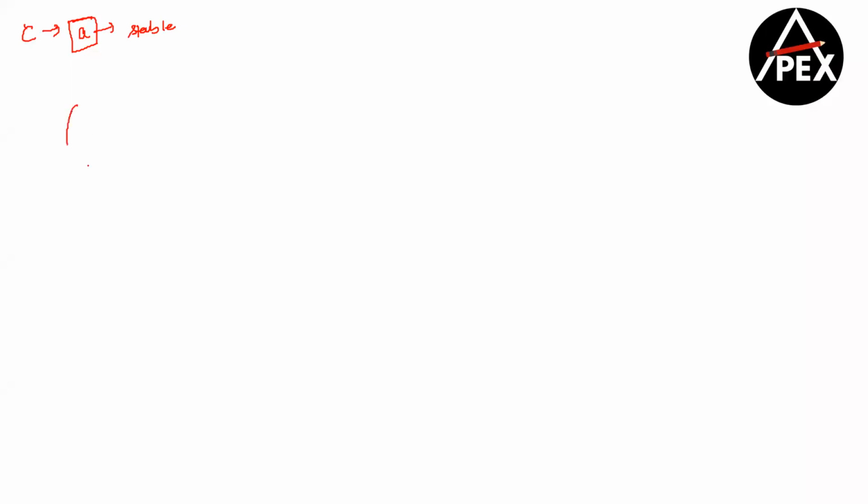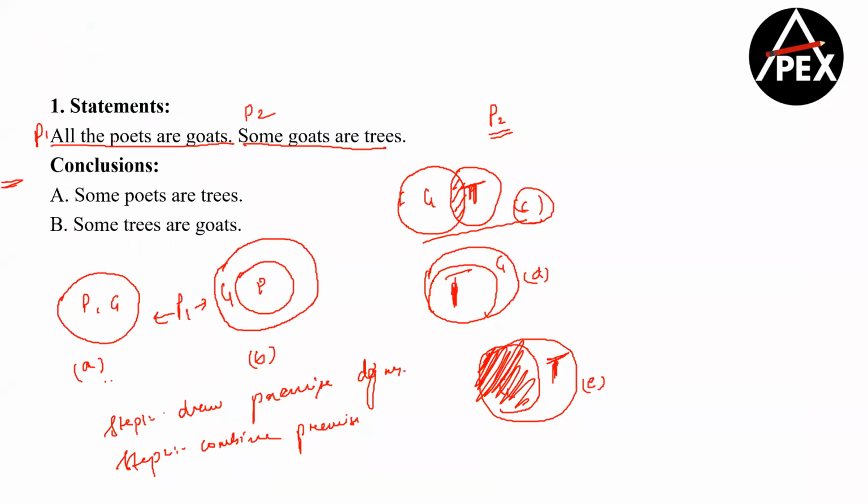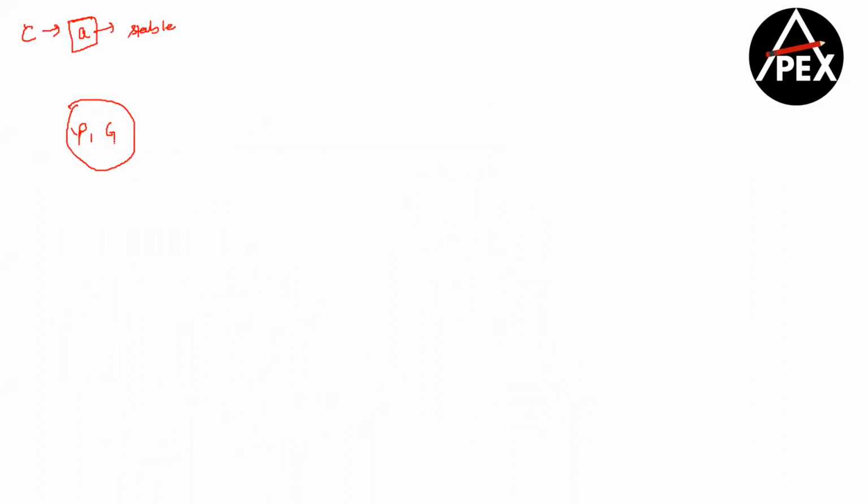Now, what was A? To us, A was P comma G. And what was C? G circle and an intersection of T circle. So look, if I'm saying this same circle is P and G, can I say this part will be my diagram of combination? Yes.